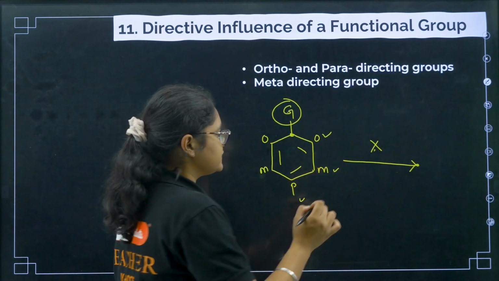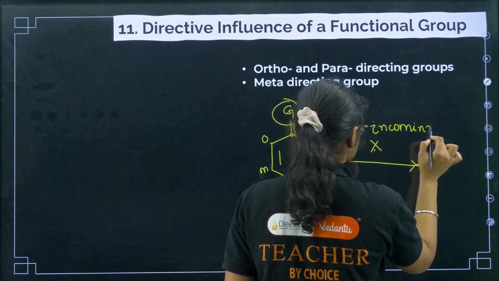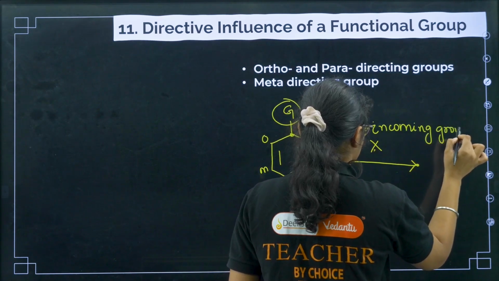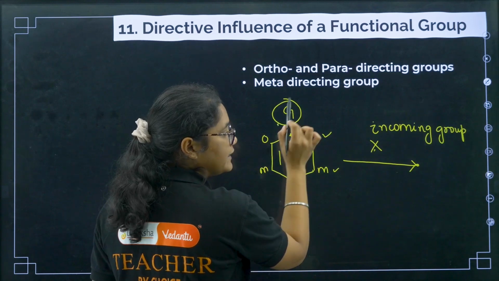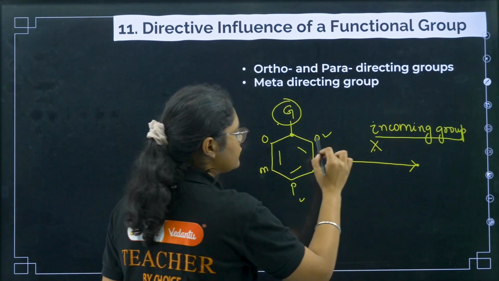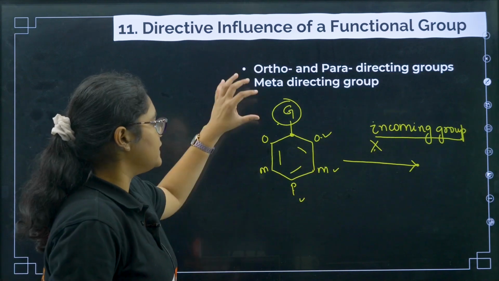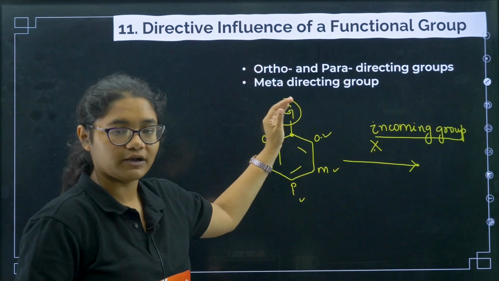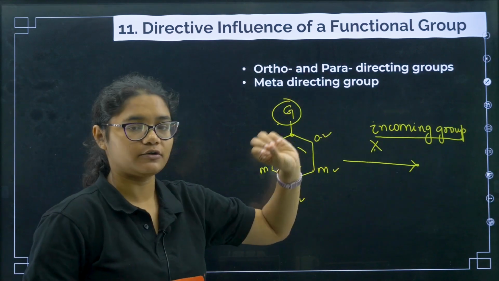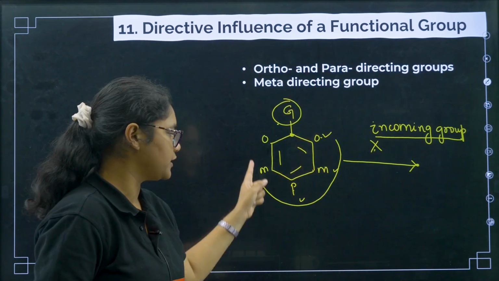This is the incoming group, and the existing functional group will direct the incoming group to go to ortho, meta or para position. So that is called directive influence of a functional group. It gives the direction to the incoming group about which position to go to.